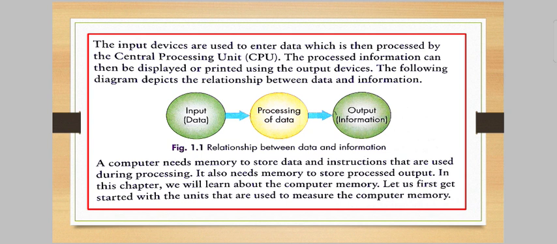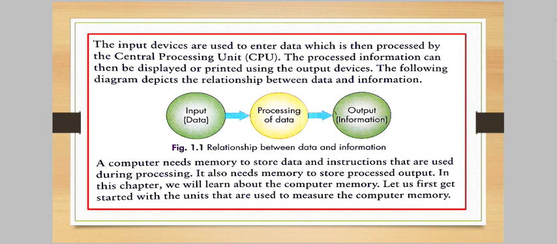Next, a computer needs memory to store data and instructions that are used during processing. It also needs memory to store processed output. In this chapter, we will learn about computer memory. We all know that a computer can store a huge amount of data and also needs some memory during processing.